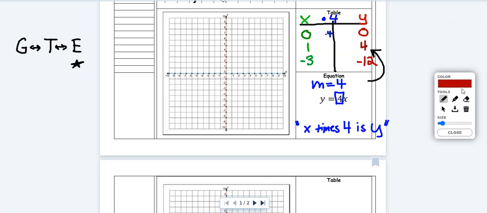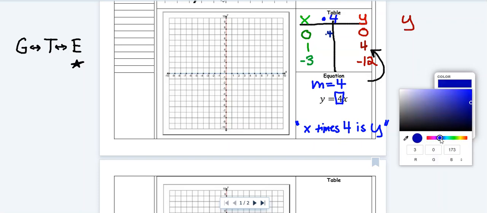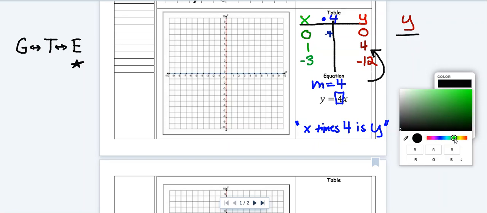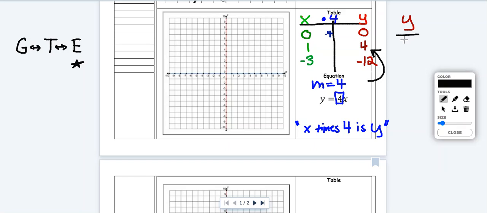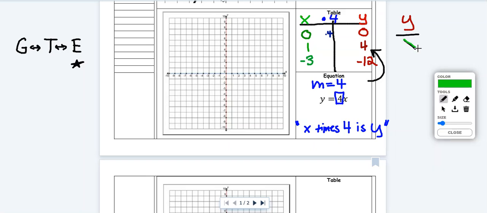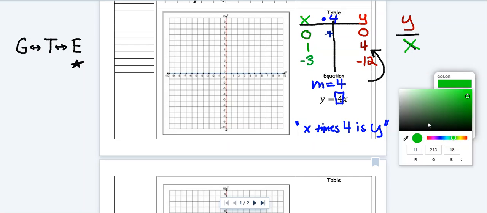If you look at a table and you're ever not sure what the slope is, remember you can identify the proportional relationship, sometimes called the constant of proportionality, by dividing y by x. And it works with any 2 points that are not 0.